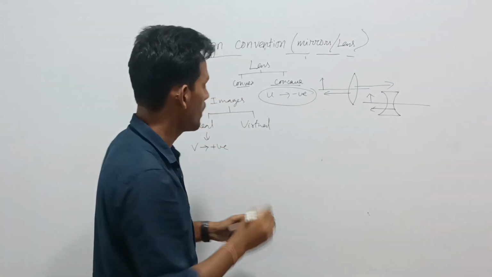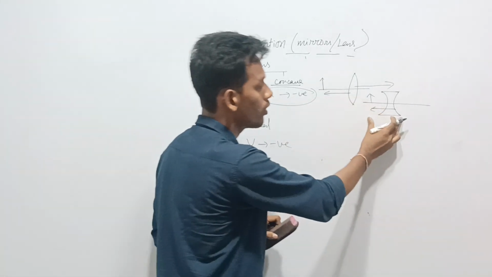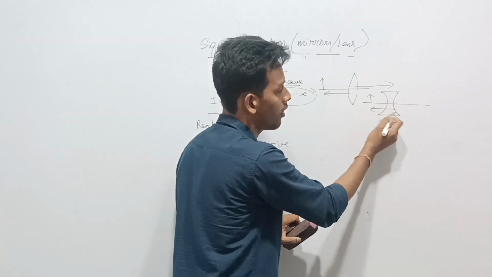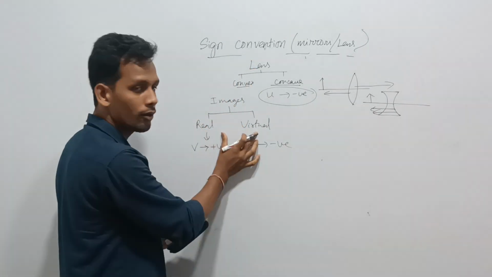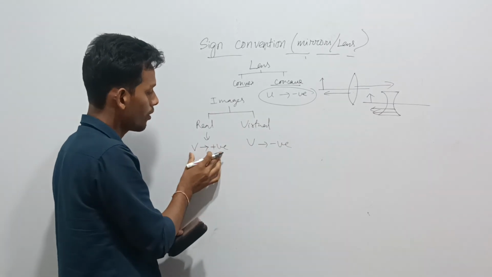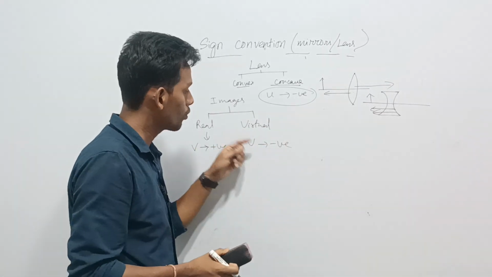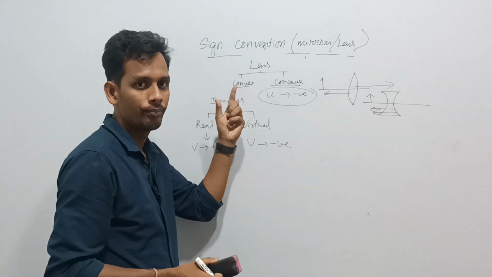In the case of a virtual image, v is always negative, because in the case of a concave lens or a convex lens, the virtual image is formed towards the left side. Clear? So images are of two types, real and virtual. For real, v positive. For virtual, v negative. It is totally opposite to the case of mirrors.